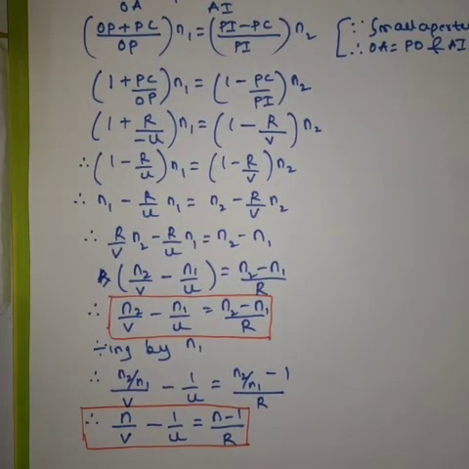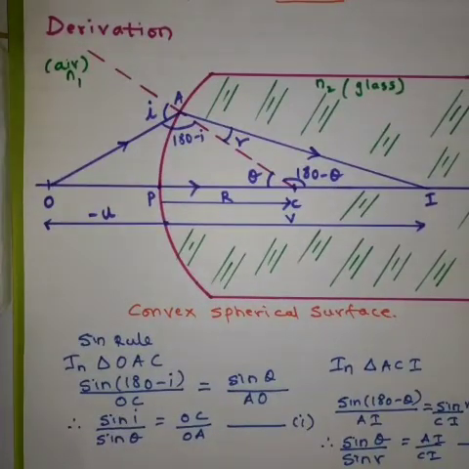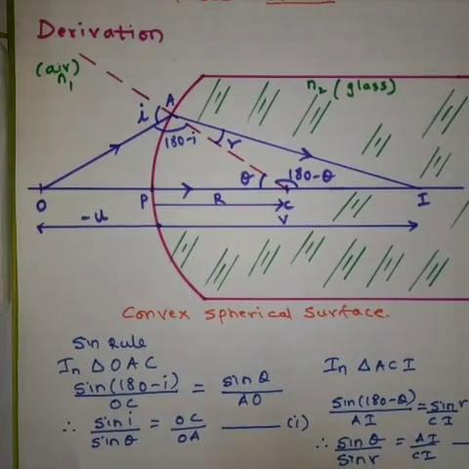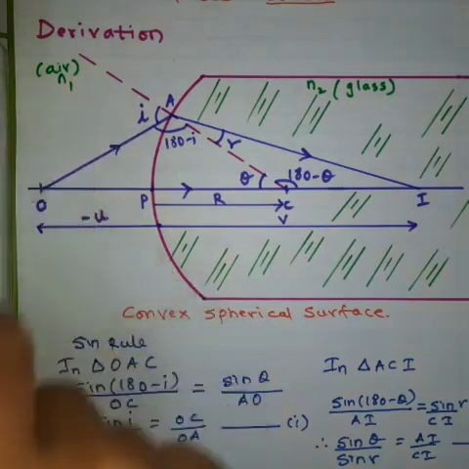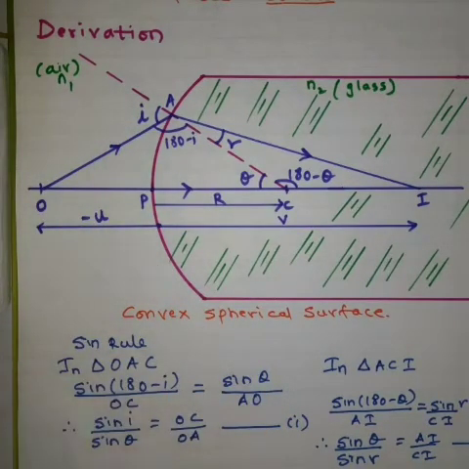Some description is required. For example, if you look into this diagram, you have to write some description, such as: let the convex spherical surface have a refractive index N2, and N1 be the refractive index of the medium air. A ray is traveling from a rarer medium to a denser medium, forming angles I, R, theta.